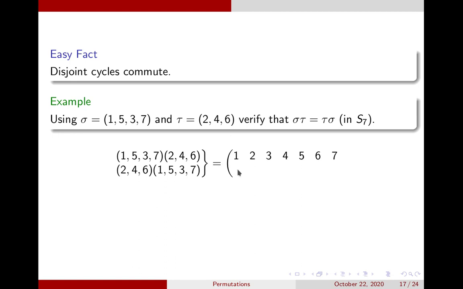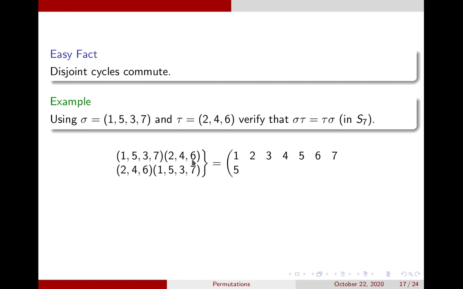The net effect is that 1 is sent to 5. Doing the same calculation in the second product, the rightmost cycle sends 1 to 5. The leftmost cycle sends 5 to 5, and here again the net effect is that 1 is sent to 5.